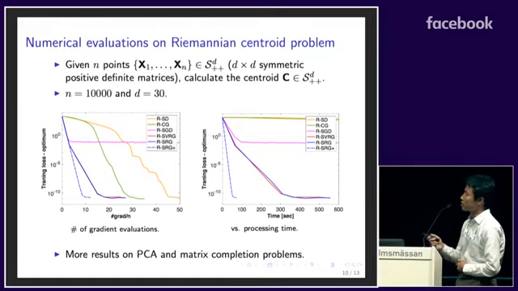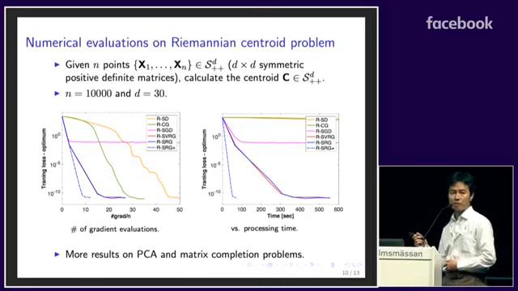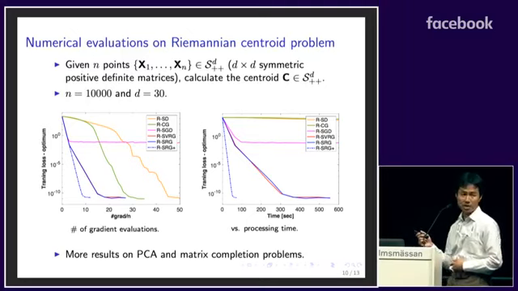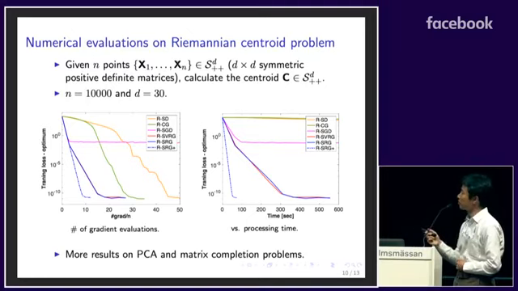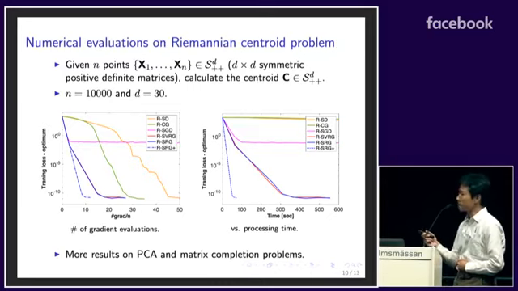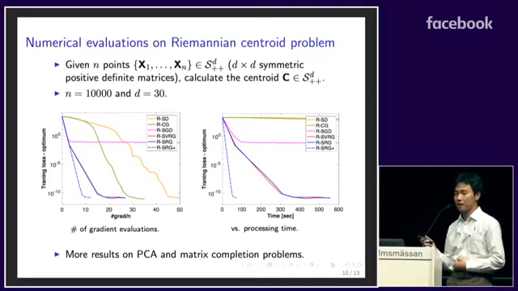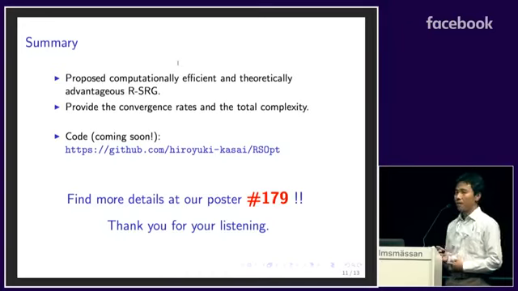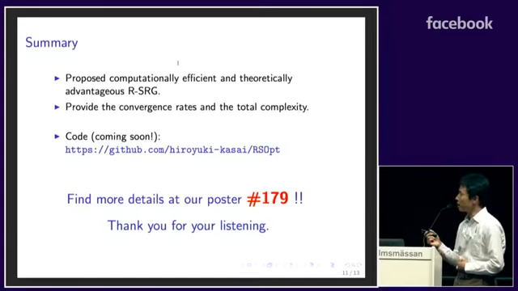This figure shows the functional optimality gap. As you see, the blue line is ours, RSRG. RSRG is comparable to RSVRG, and RSRG plus is much better than the other algorithms. For more details, please find us at number 179. Thank you.